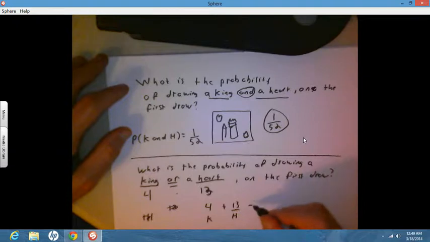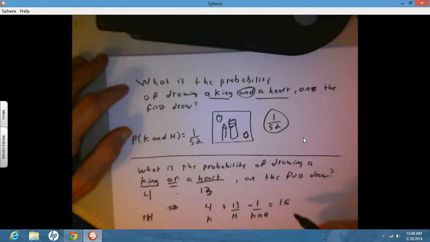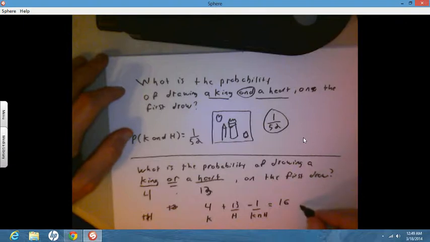There is 1 card that is a king and a heart. So 13 plus 4 is 17, 17 minus 1 is 16. So there are 16 distinct cards that are either a king or a heart, out of a total of 52 cards, so that would be 16 out of 52.